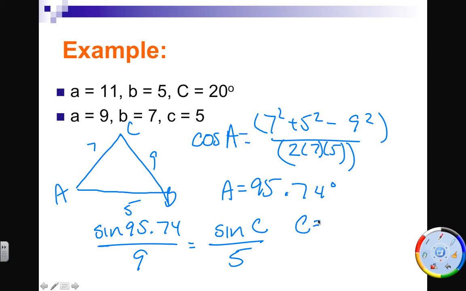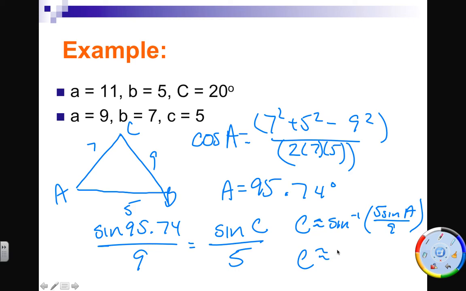So C is approximately equal to the sine inverse of 5 sine A over 9. I'm going to store that last answer for A, so store alpha A. Then I'm going to do sine inverse of 5 sine answer divided by 9.